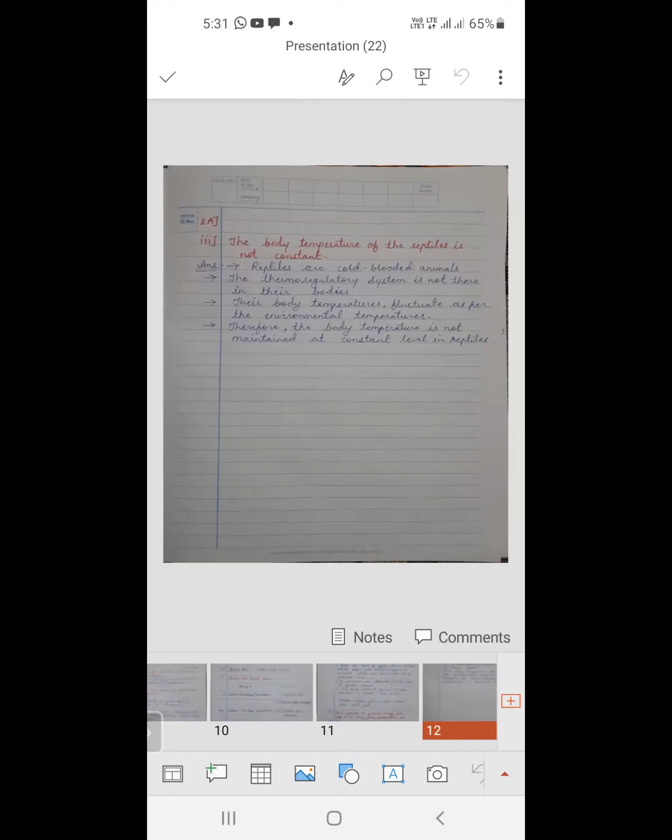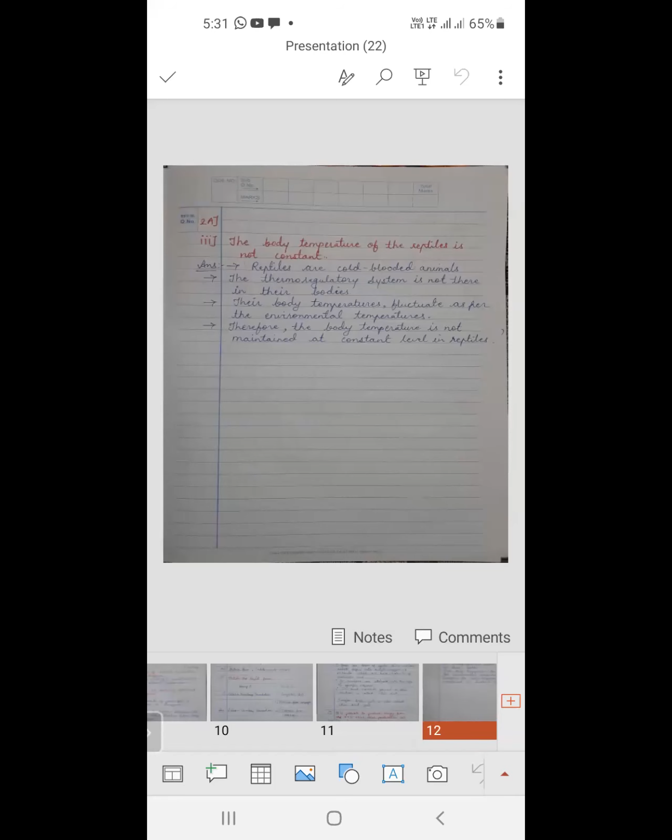Their body temperature is not constant. Okay, so this was about question number 2A, give scientific reasons.